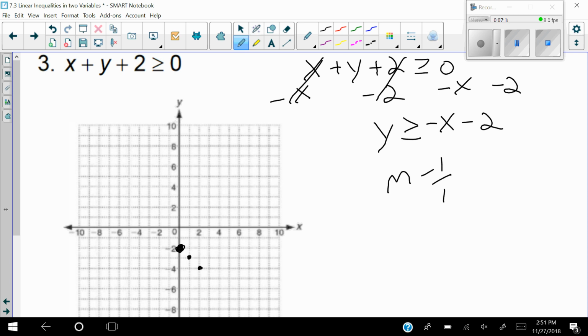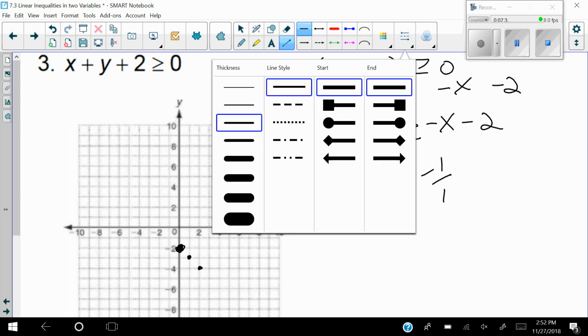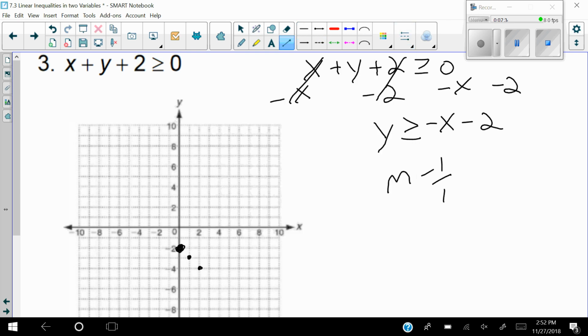Now I'm going to check to see if it needs to be solid or a dash. And because I have an equal to line, it's going to be a solid line. So I'm going to go ahead and use this to make my arrow. So I can get in here straight here, somewhere like that.